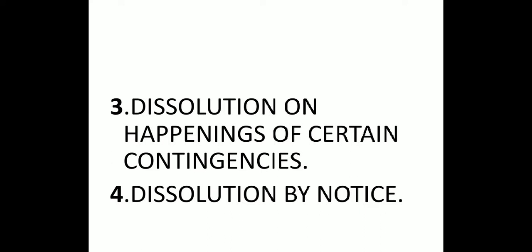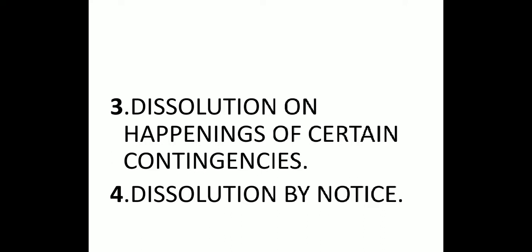Alright then, talking about the fourth point, dissolution by notice. When the partnership is at will, the firm may be dissolved by giving prior notice in writing to the other partners of the partner's intention to dissolve the firm. I hope you know the meaning of the term partnership at will.